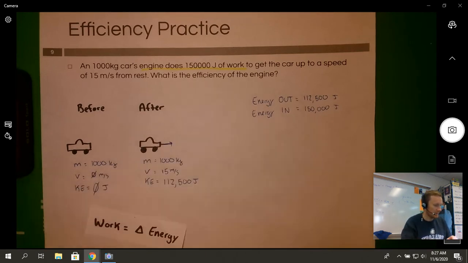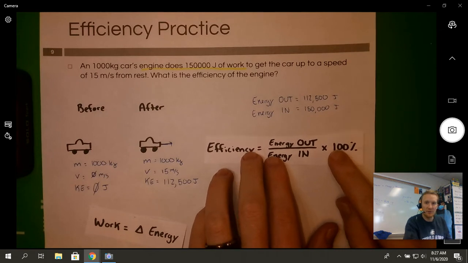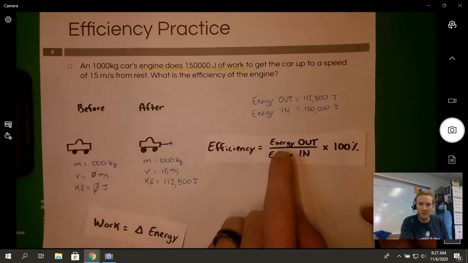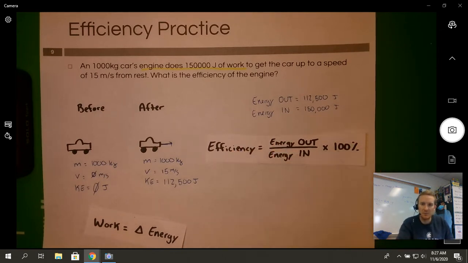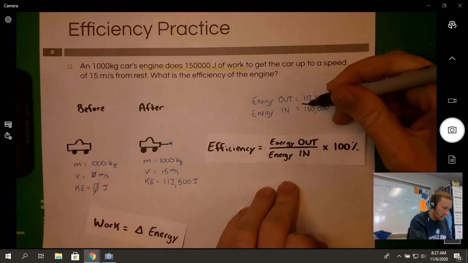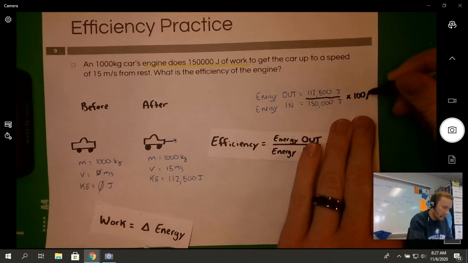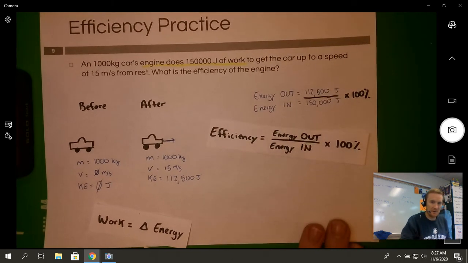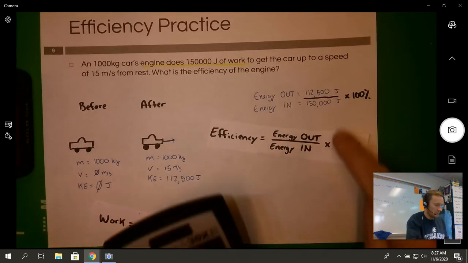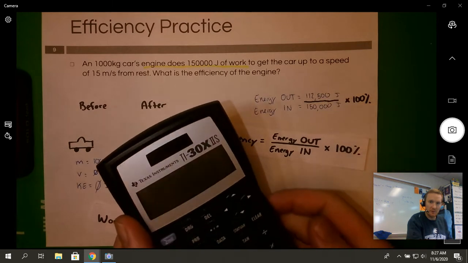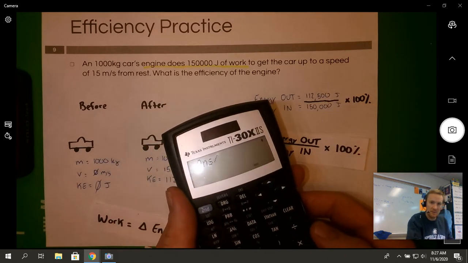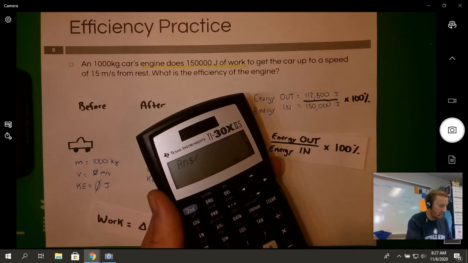So if we want to calculate the efficiency of the engine, don't forget that efficiency is equal to the energy out divided by the energy in, multiplied by 100%. So to calculate that efficiency, 112,500 divided by 150,000.